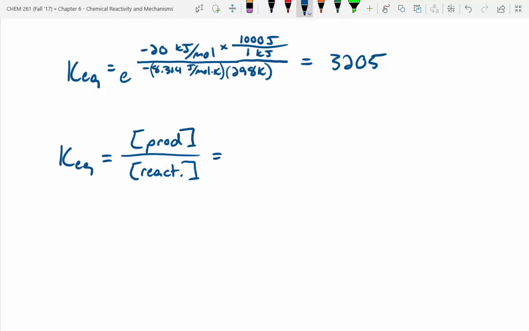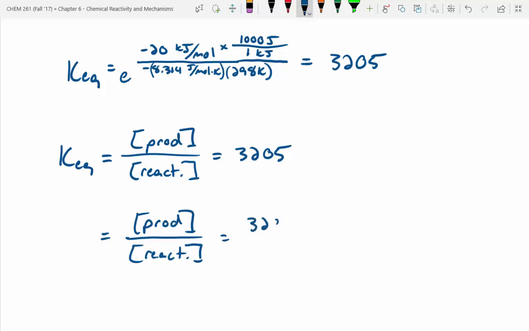And we know that this is equal to 3205, right? Another way of writing this would be products over reactants is equal to 3205 over 1, right? So that means we've got over 3,000 times as much of our products as we do of our reactants at this point. But let's try to convert this into a percentage.